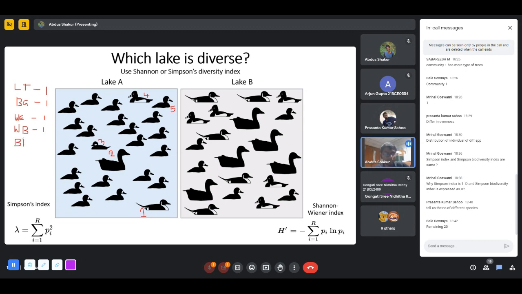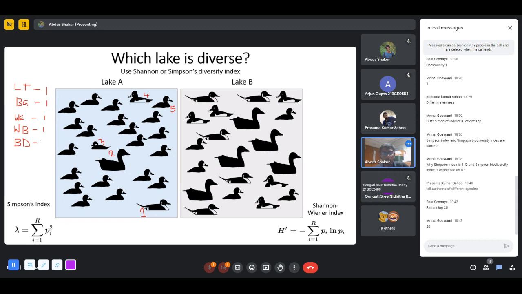I'm naming it black duck, BD. So 1, 2, 3, 4, 5, 6, 7, 8, 9, 10, 11, 12, 13, 14, 15, 16, 17, 18, 19, 20. Am I right?